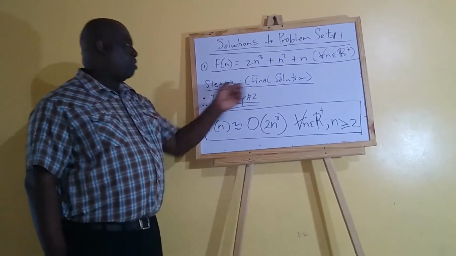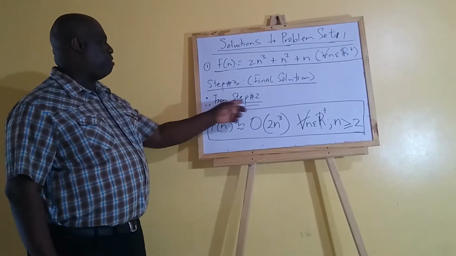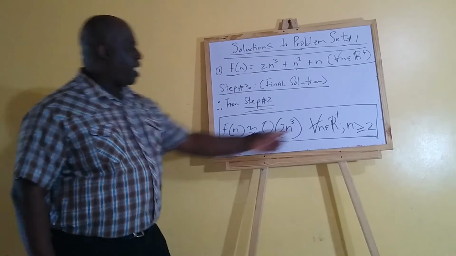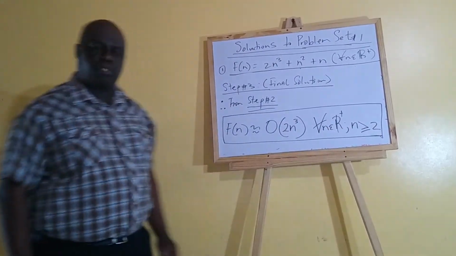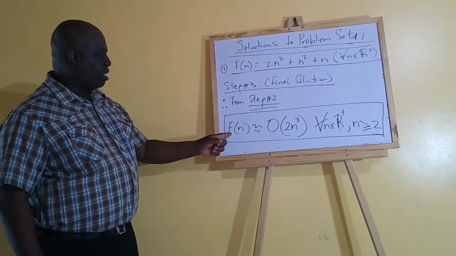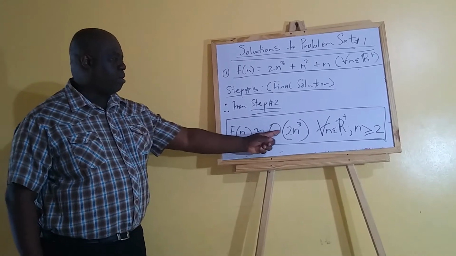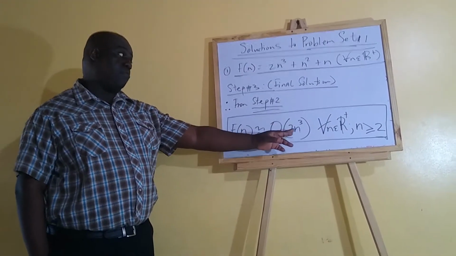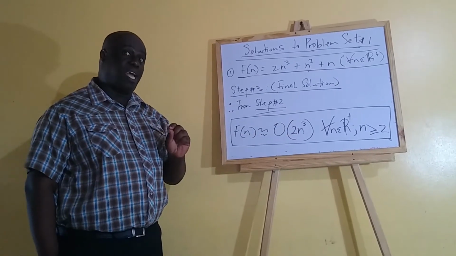So in step 3, which is our final solution, we see that from step 2, only when the values of n are greater than or equal to 2, we have a solution in f of n, which is approximately of order what? 2n cubed, right? Because remember, we're looking for the operation that took the longest time.